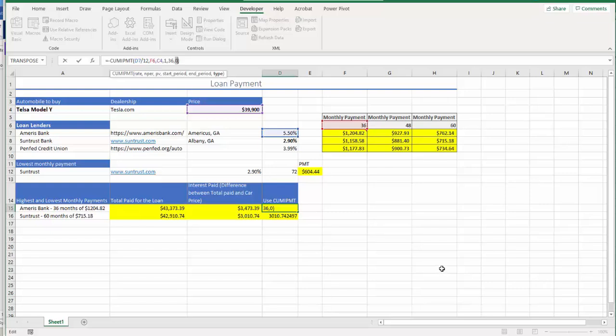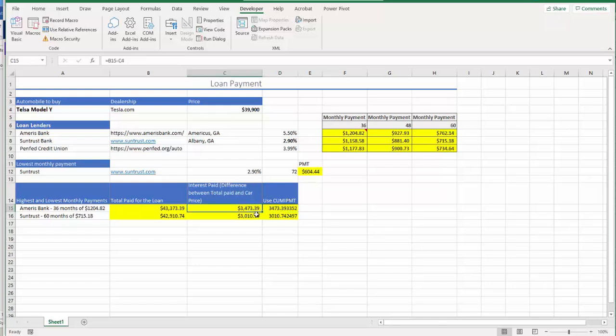You enter 0 for the beginning of the month, and enter 1 for the end of the month for the payment. So we enter 0, assuming the first of the month. Then you press enter, and you got $3,473, which is exactly the same as the difference between total amount and car price. So now we can confirm this amount is correct.